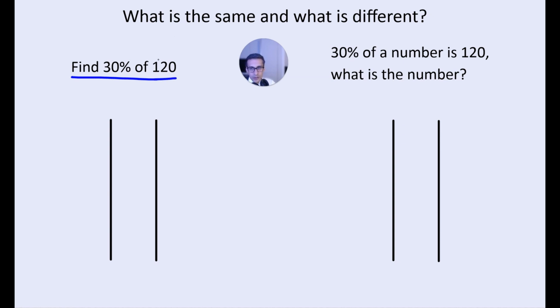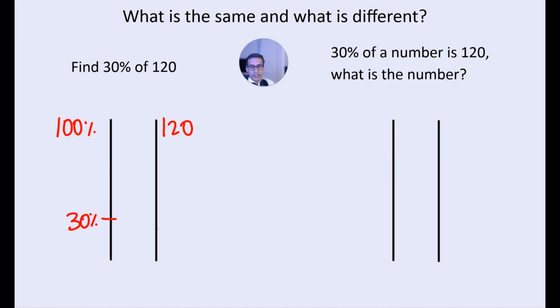Typical calculation, you've been given 100% in the question. This question is different because we're saying 30% is 120. So if we were doing a diagram for each of these, they would look quite different. In this case, we could say 100% is 120, and we're finding what 30% is.